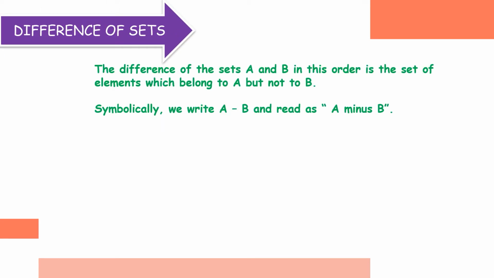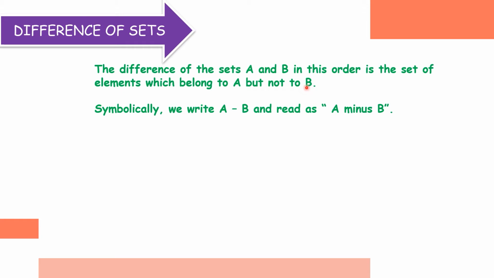If you ask me what difference is, as in general arithmetic, difference means we subtract, right? So in sets, if I say A minus B, it means I have to write all elements of A, but the elements should not be in B. Exclusively the elements which are in A alone I will collect and write.